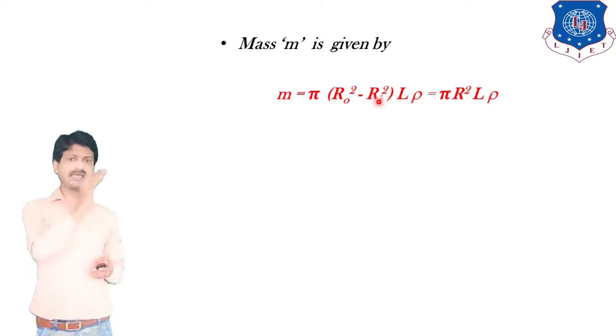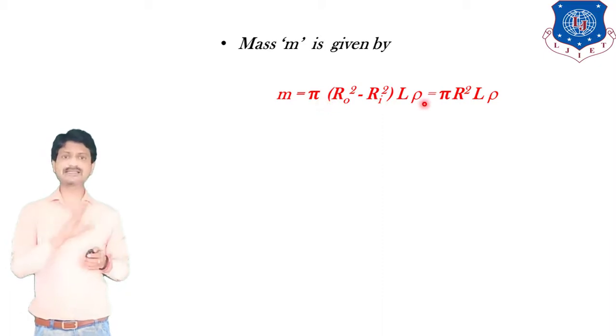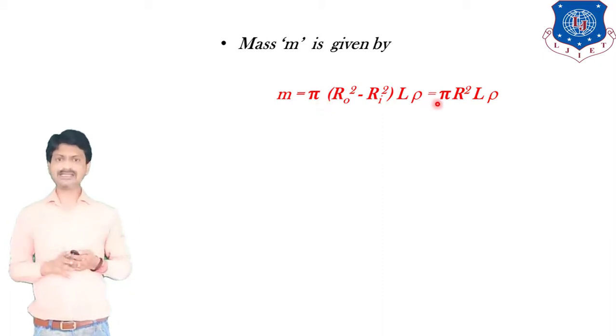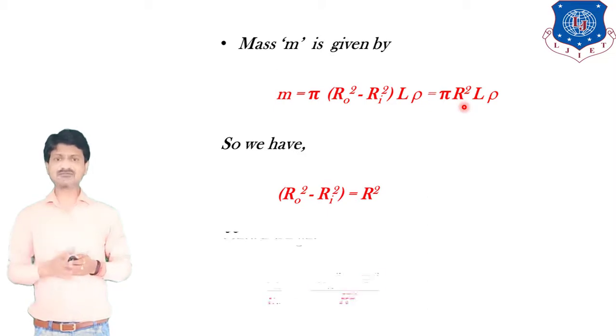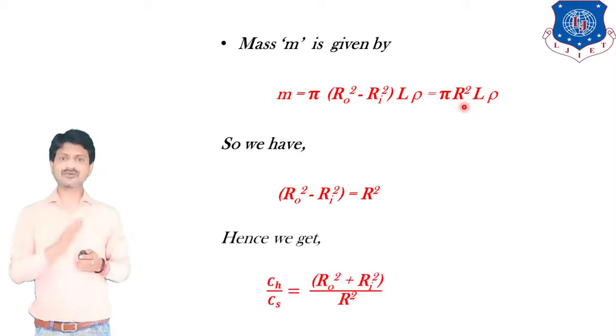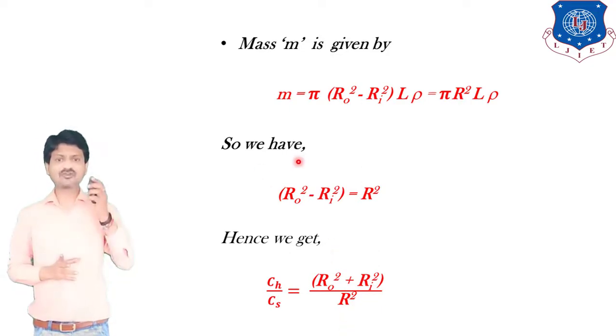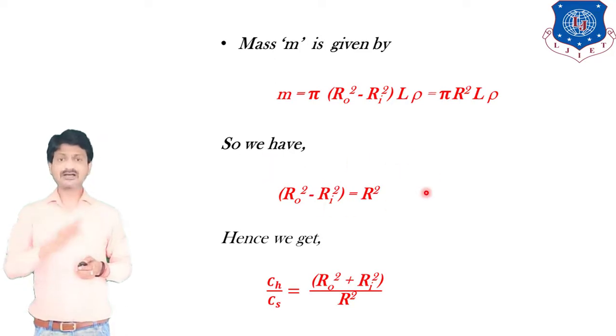But here we have considered the same length and same mass, so we can replace Ro square minus Ri square with R square. So now we have the final equation CH by CS equals Ro square plus Ri square upon R square, because we have replaced the value of Ro square minus Ri square with R square in the above equation.